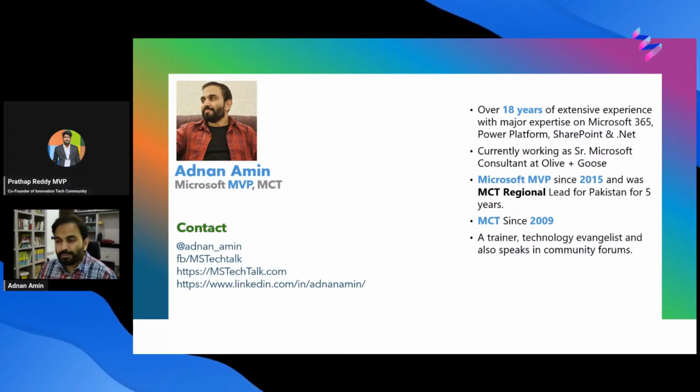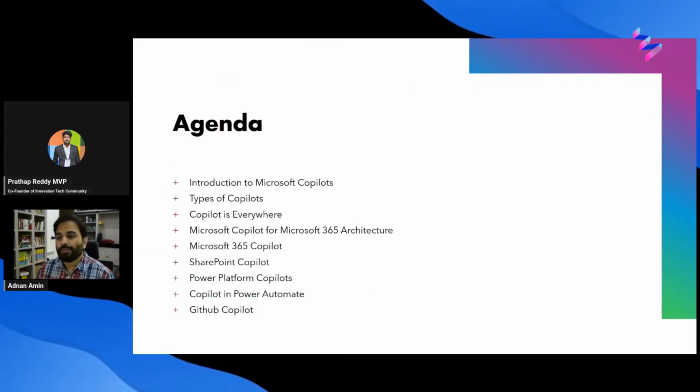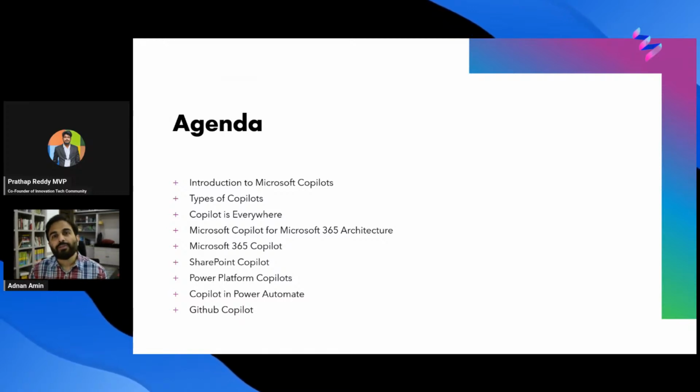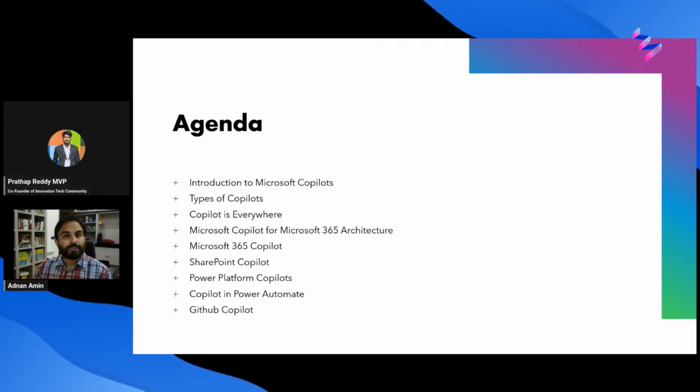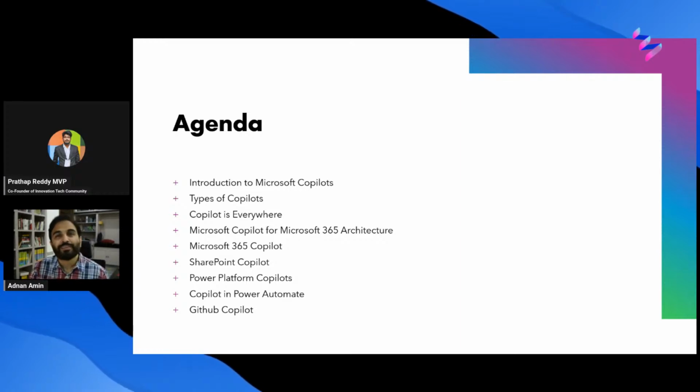Let's start with today's agenda. Everything I am showing you today is generated with the help of Copilot, so there could be mistakes because this content is AI generated. I'm not AI generated, but the content is.